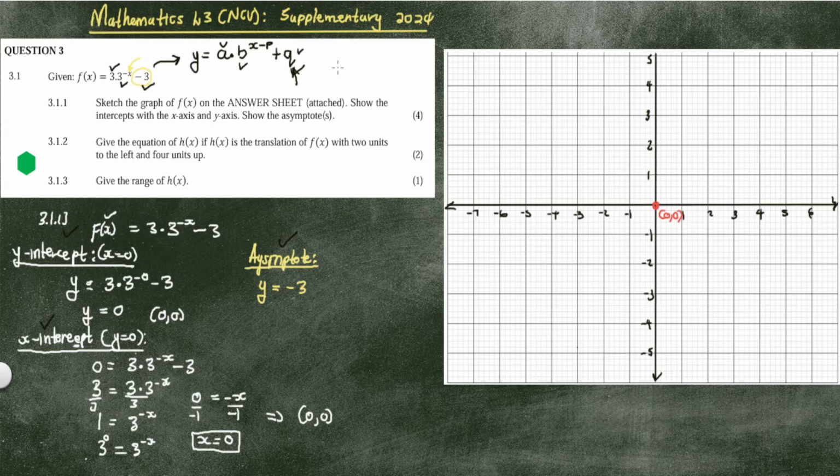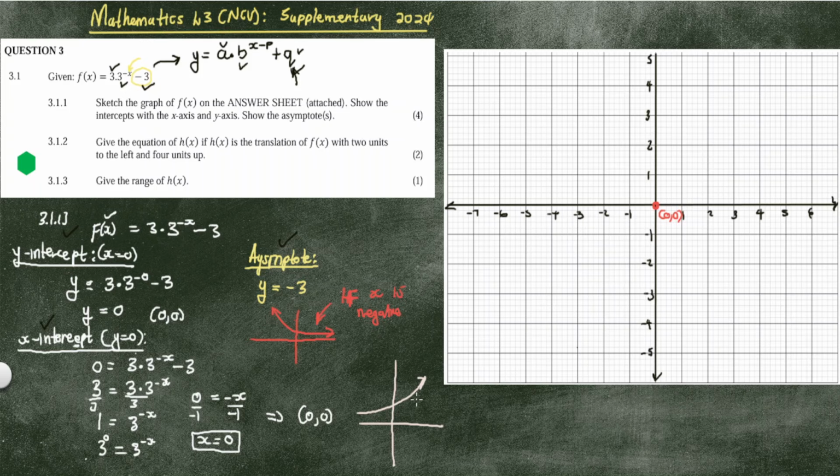Now, if x is negative, your graph is going to be slanted like this. And if x is positive, it looks like this.